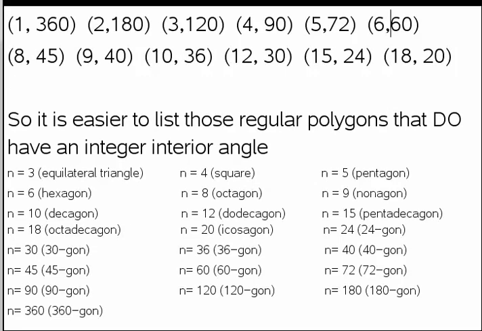If you look at it directly, there are 22 different usable multiples or factors of 360 that help you find integer interior angles. Obviously, the first ones that we looked at were easy to see. I probably wouldn't use anything beyond decagon.